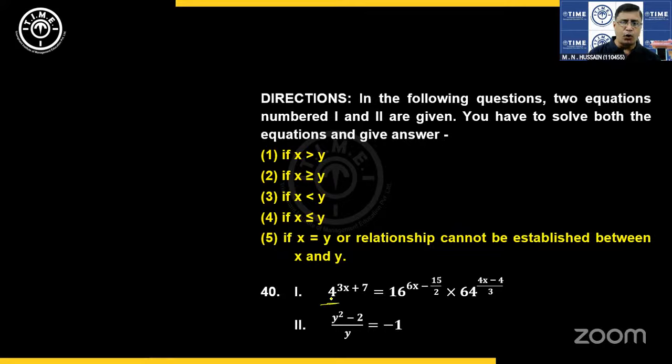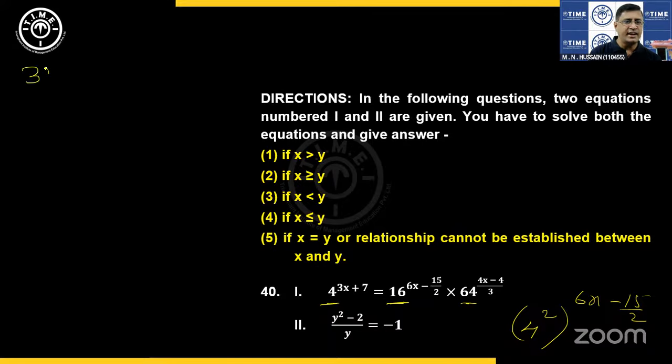Here 4, it is a 4 square, it is a 4 cube. 16 means 4 square, whole power 6x minus 15 by 2. 2 into 6, that is 12x.